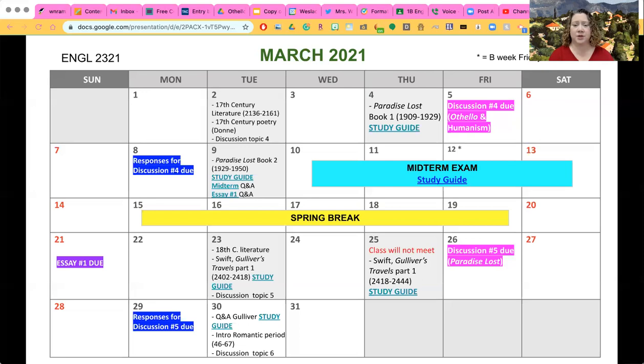So I just wanted to mention before we start with our material for today that the final exam is just like the midterm, except with the second half of the material for the course. So it's structured exactly the same way with the same types of questions, except that it will be over all the stuff that we have done since we got back from spring break, starting with Gulliver's Travels.